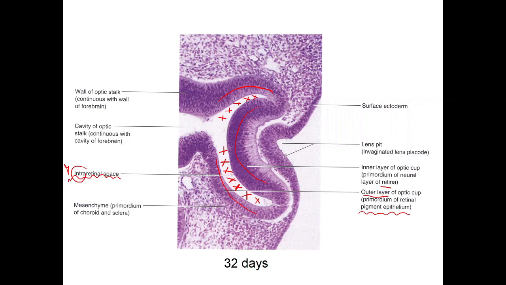When we go from the periphery, the first layer is the pigment epithelium. Actually, this first layer, the pigment epithelium, will develop from the outer layer of the optic cup. Isn't that crazy? And all other layers are from the inner layer of the optic cup.